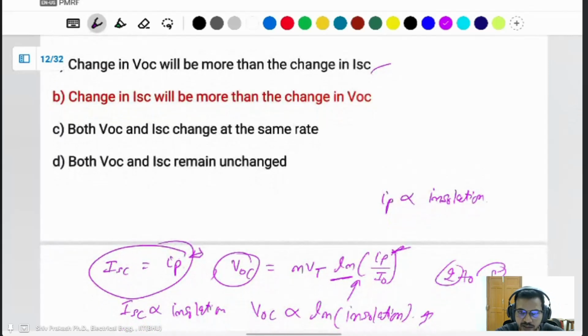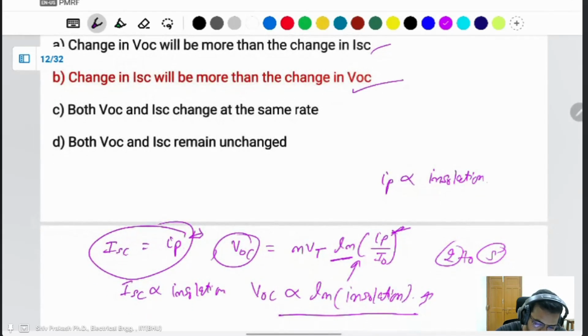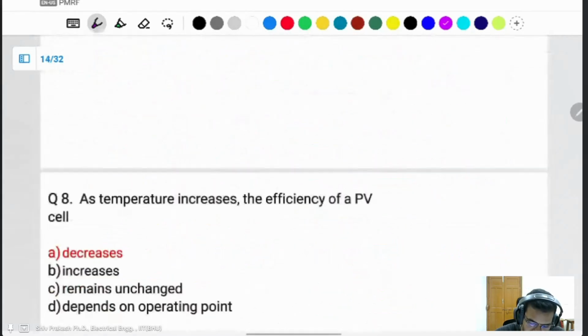That's why in a PV panel you can see very little difference in voltage from morning to evening. If you observe the voltages of the PV panel, there is very little difference between them, but the current changes very quickly. So the correct statement is that the change in ISC will be more than the change in VOC.